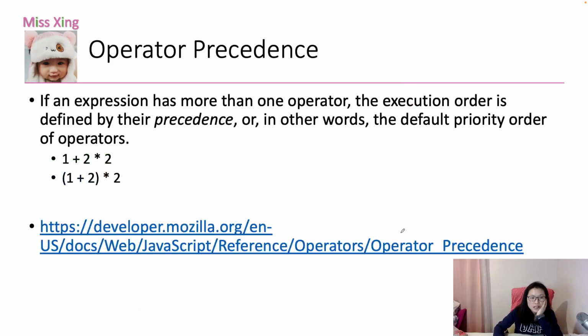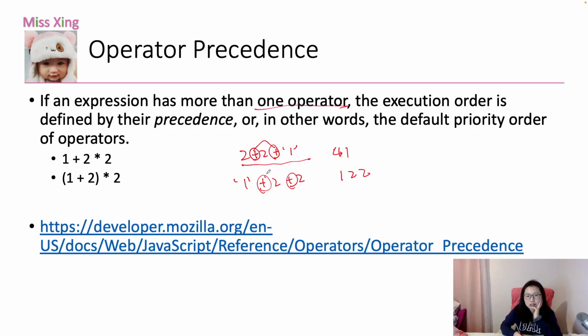And the last topic in this video is operator precedence. If an expression has more than one operator, like what we talked about just now, like 2 plus 2 plus a string "1", we know the answer is "41". And 1 plus 2 plus 2, we will get 5. Here the expression has more than one operator.